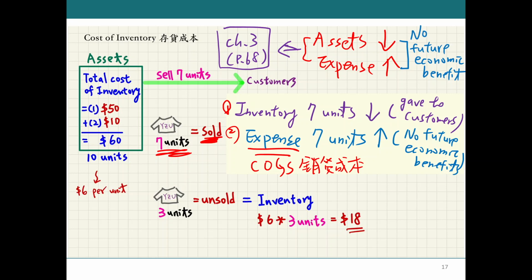Any questions? Based on this, we just try to get the amount. So far, I know 7 units and 3 units. How much? Don't forget, we spent $60 to buy 10 t-shirts, right? So each one cost you how much? $6. So I spent $6 to buy 1 t-shirt. That's your cost of inventory for 1 unit.